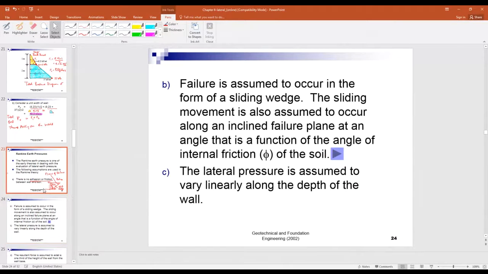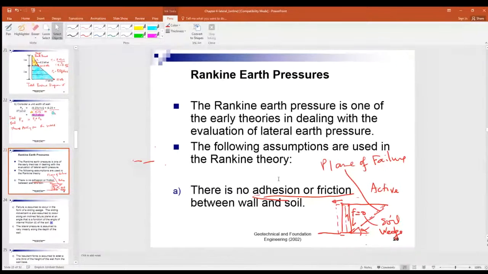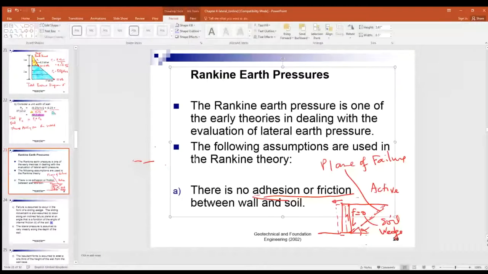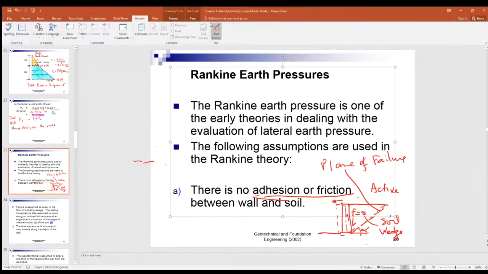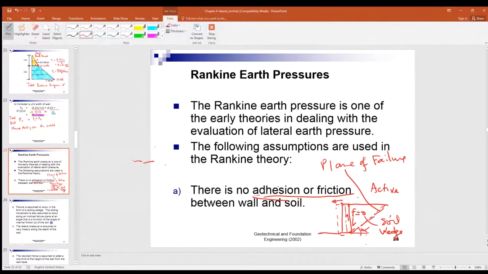This angle alpha depends on the phi of the soil, the angle of internal friction of the soil.